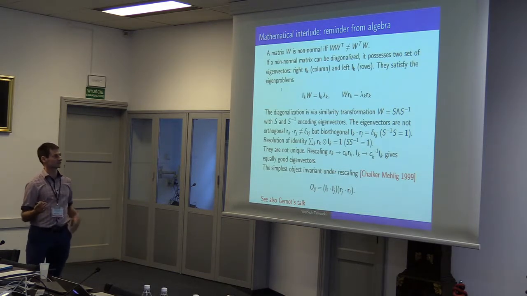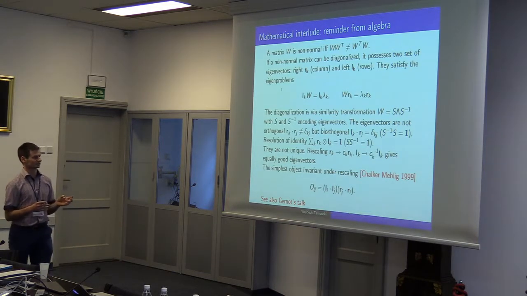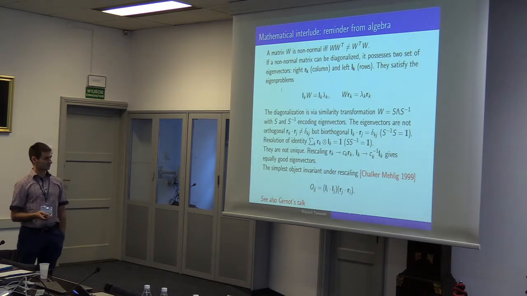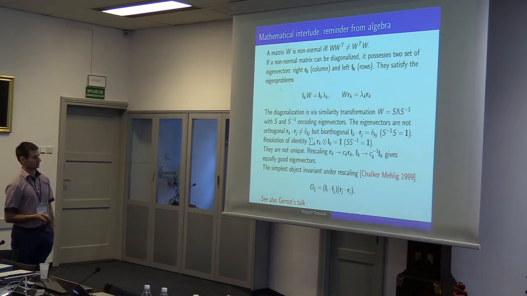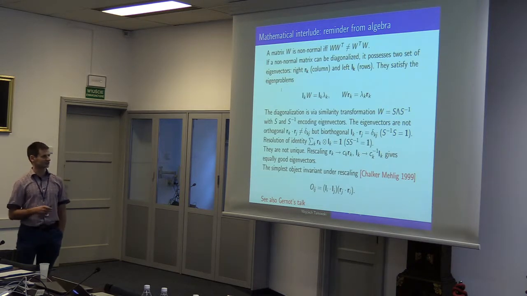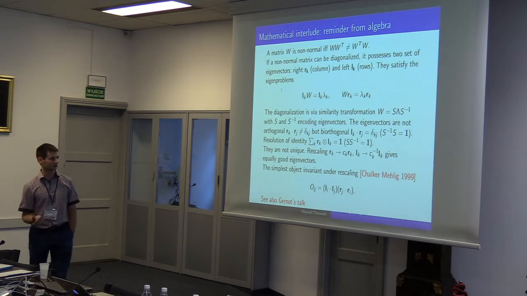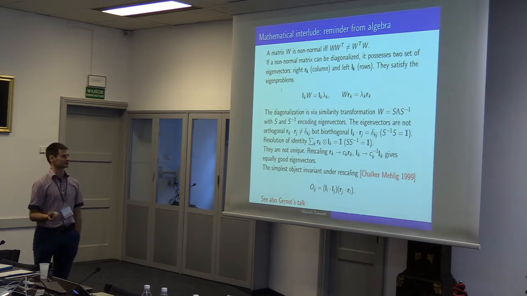They satisfy eigenproblems from both sides of the matrix, and these eigenvectors are not orthogonal in the sense that right eigenvectors are not orthogonal to rights, but they are bi-orthogonal. So lefts are orthogonal to rights.